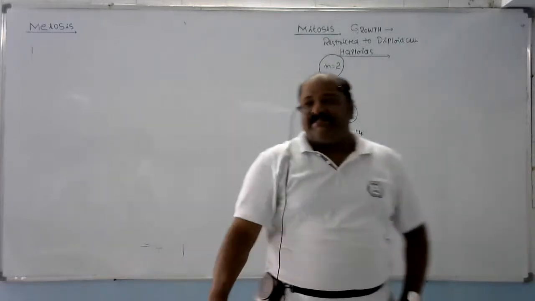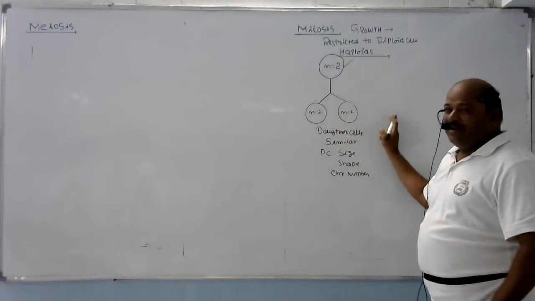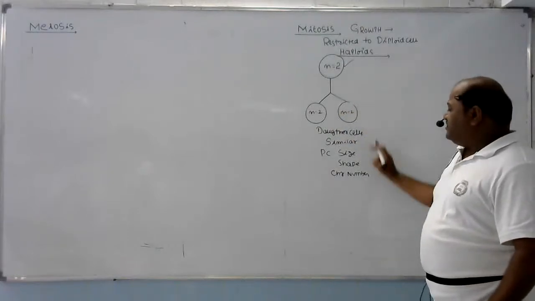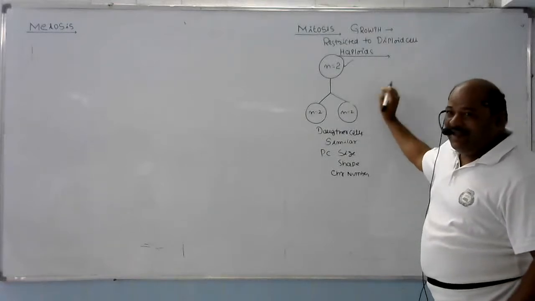Everything is the same. This is the parental cell, these are the 2 daughter cells. Size is similar, shape is similar, chromosomal number is similar.